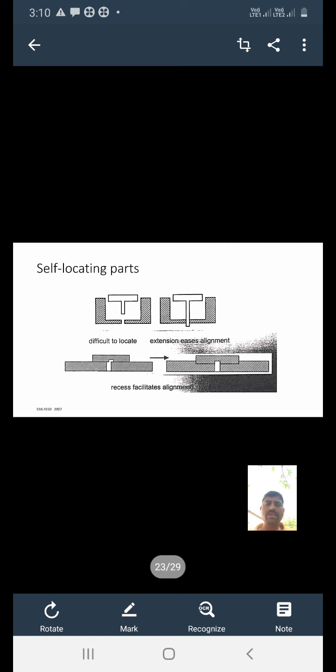Then recess facilitates alignment. Again, in the first figure there is misalignment of the recess, but in the second figure we match the center, and you will get the complete block. This is the self-locating part.